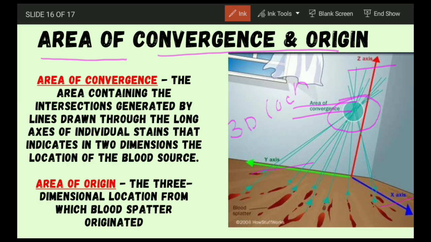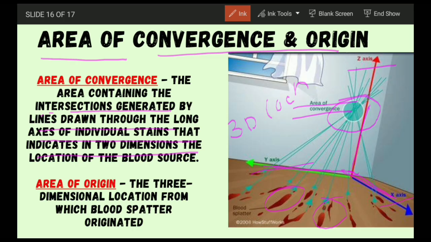Origin means a point from where things must have originated. So the area containing intersections generated by the lines drawn through the long axis of each of these stains. Each of these stains will be taken as an individual, and taking this axis into respect, we will draw certain lines.